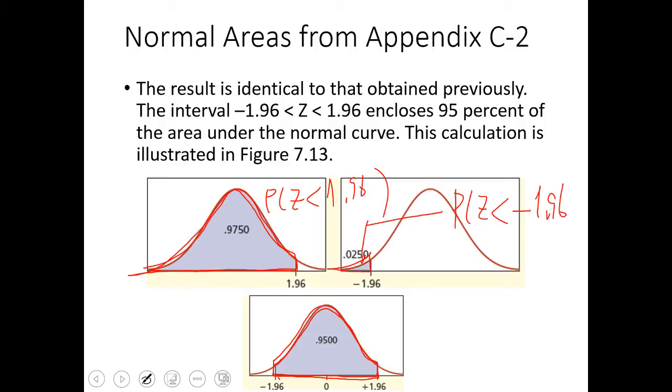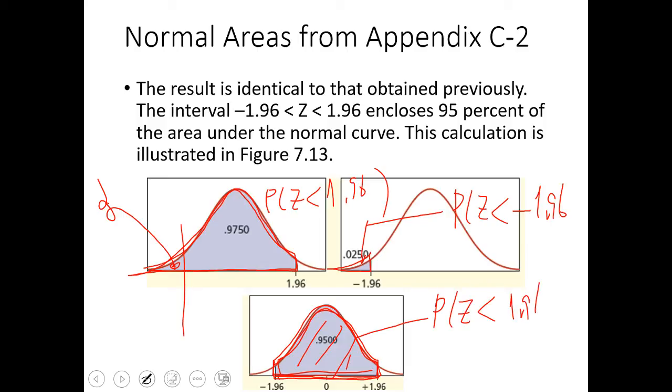Then we cut here and remove that out, so we obtain the area of this shape. That is the probability that z is less than 1.96 minus the probability that z is less than minus 1.96.